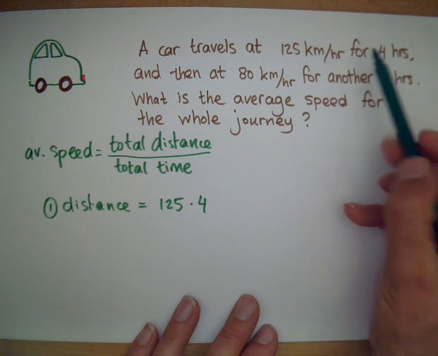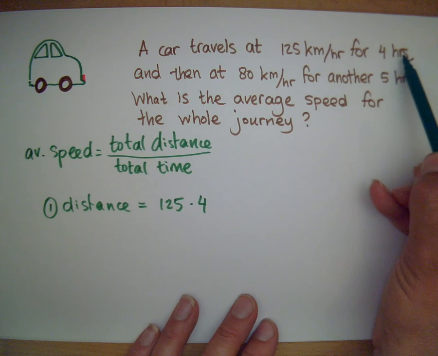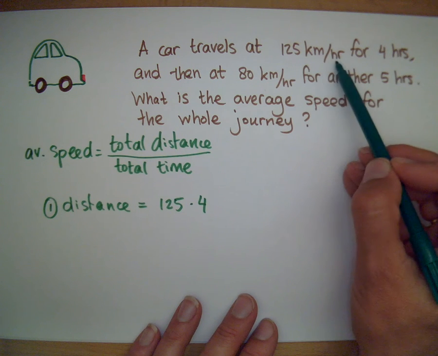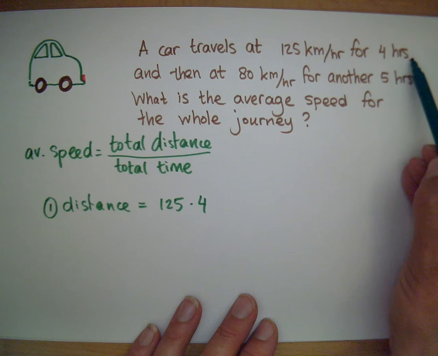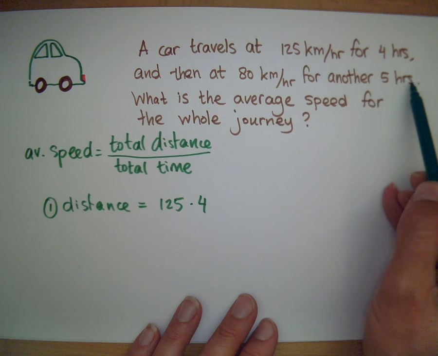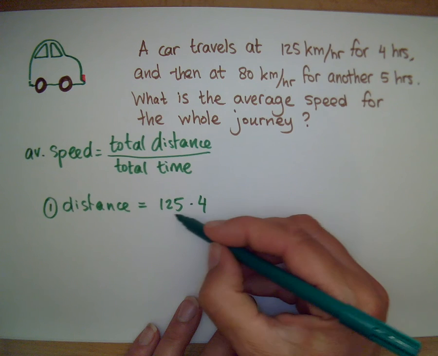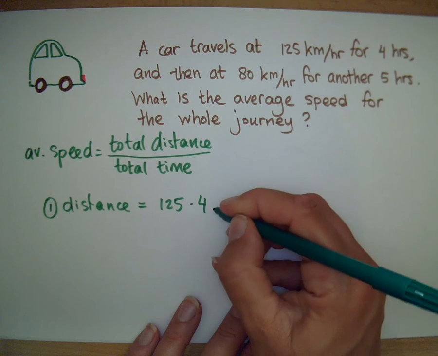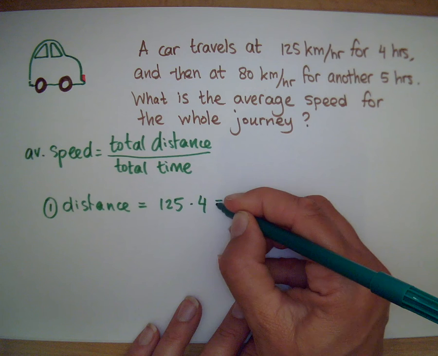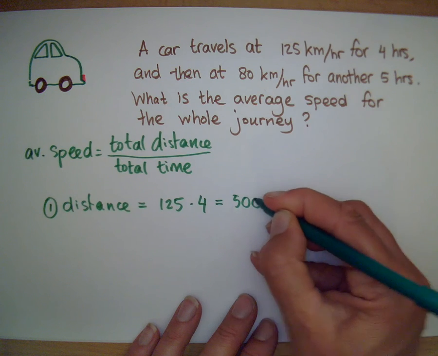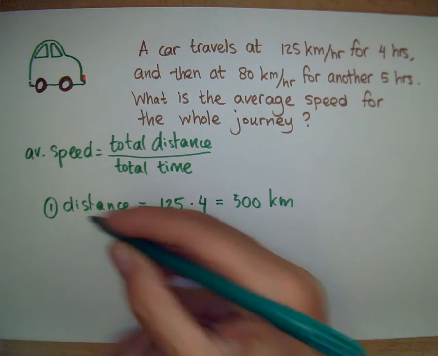And I'm lucky that my units are all the way they should be, right? My speed is in kilometers per hour. My time is in hours here as well. So I can just stick with kilometers per hour, right? 125 times 4 equals 500 kilometers in the first part of my journey.